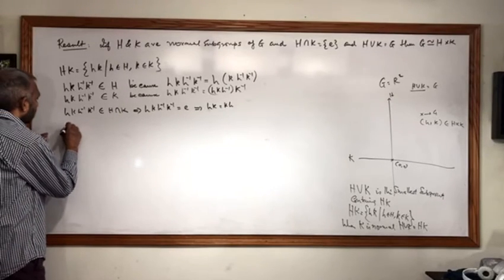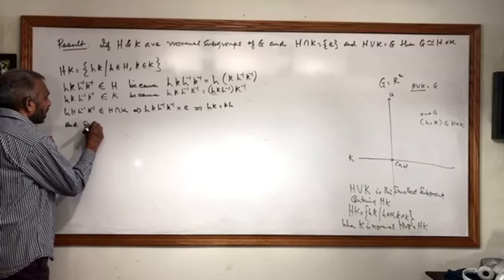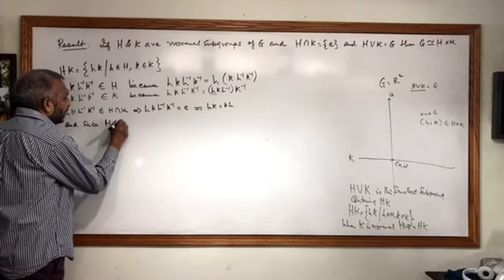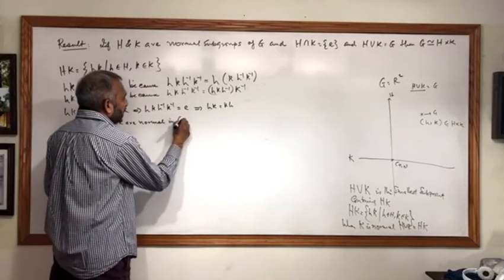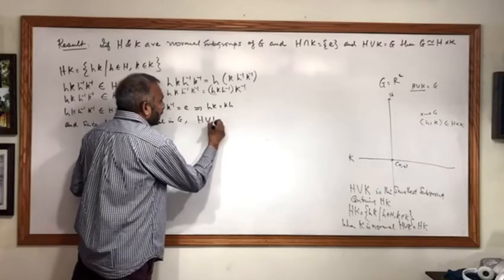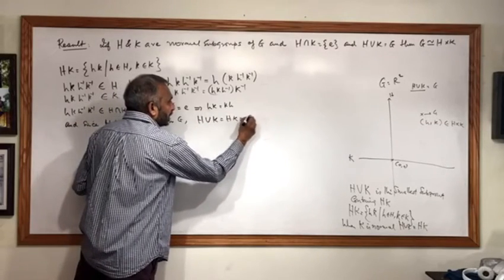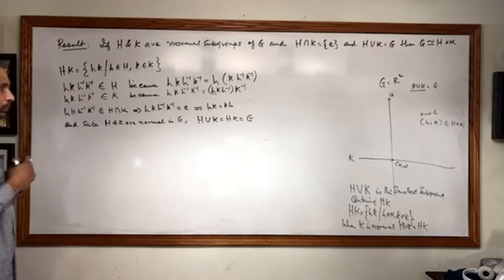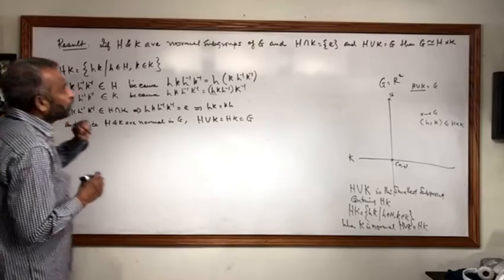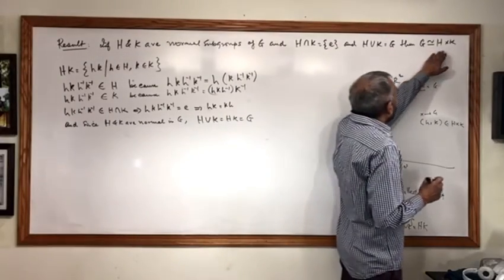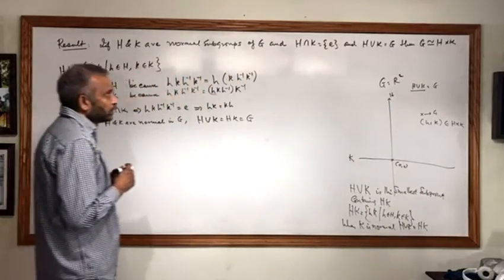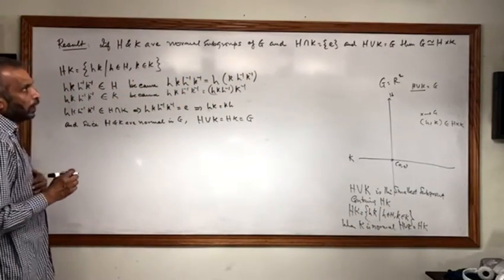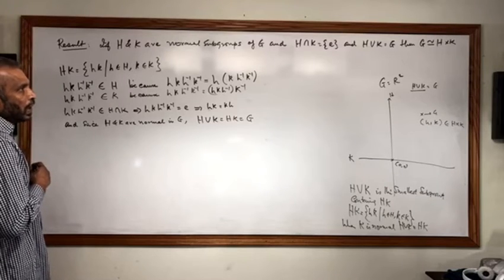And since H and K are normal in G, H join K is equal to HK, and that is equal to G. Now we need to prove that G is isomorphic to H times K. So that means we need to define an isomorphism.